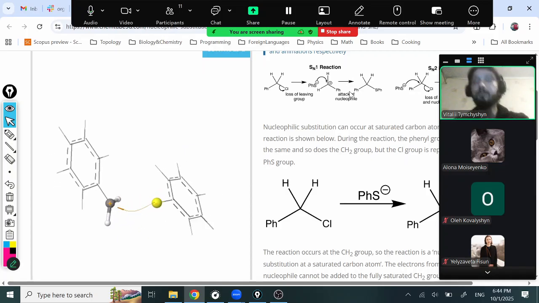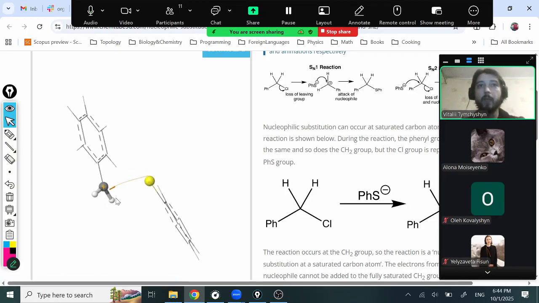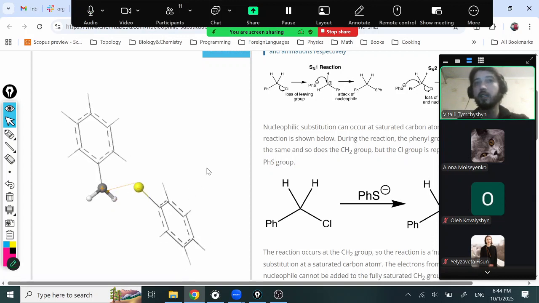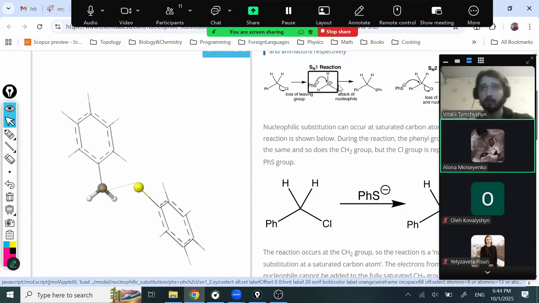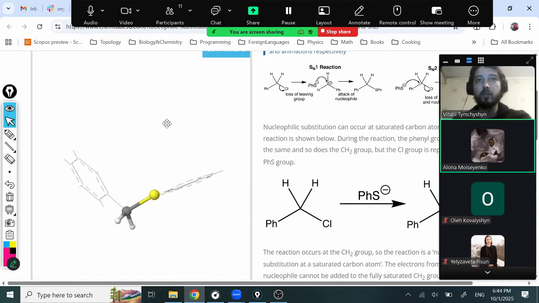Here we have an S atom, so a sulfur atom, and it has some minus charge, so probably it was some sort of HS, and the hydrogen, well, proton, was lost. So let's look how that bond is formed. So here that happened.